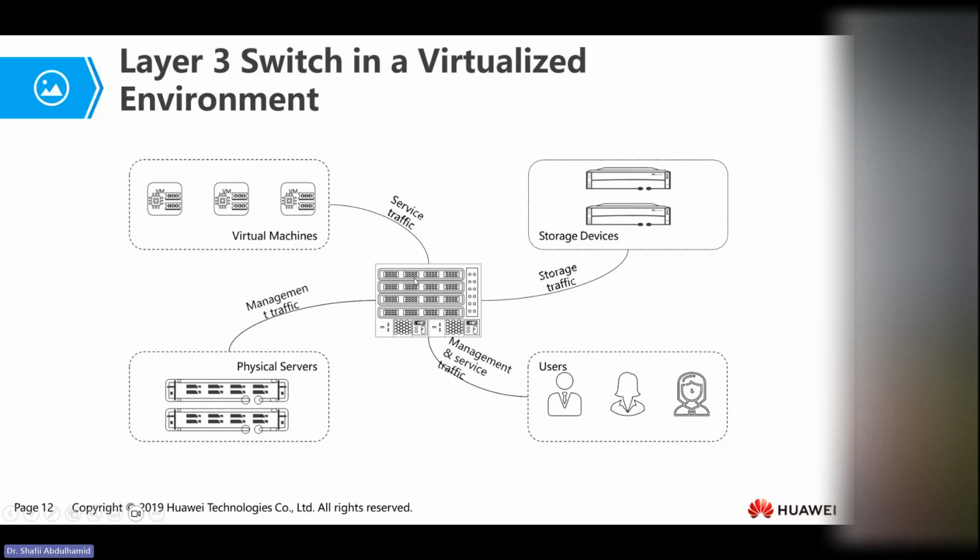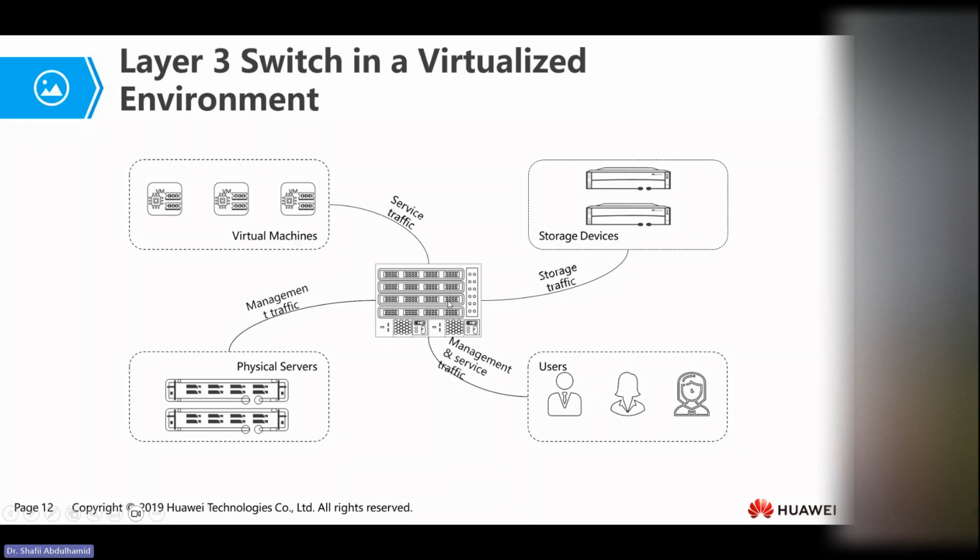Now, what we need to mention, which is very important here, is the type of traffic that all these different devices connected to the layer 3 switch handle. Traffic between a layer 3 switch and a virtual machine is called service traffic. So a layer 3 switch can send service traffic to a virtual machine and also receive service traffic from a virtual machine.